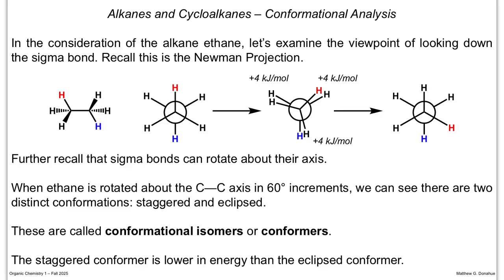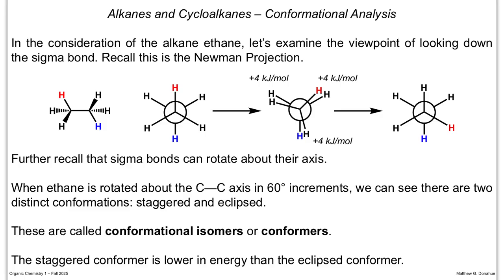So I've taken this left one, and now all I'm doing is turning it this way so that the red one is at the top and this blue one's at the bottom. And so again, that sigma bond, you don't see it because it's in line of the projection. And so what are we doing?